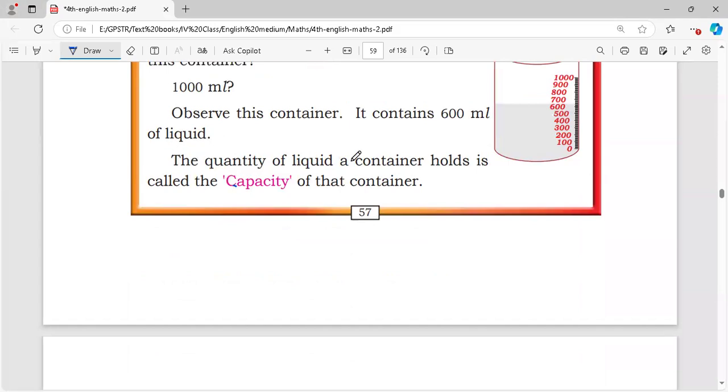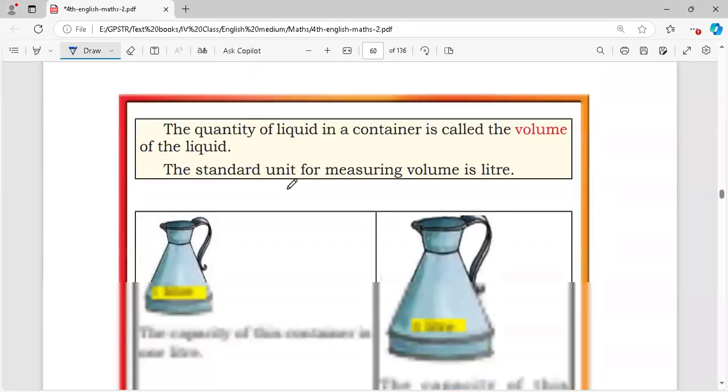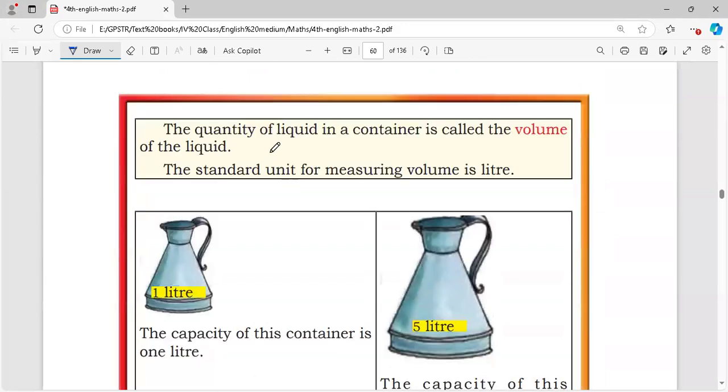Next, the quantity of a liquid a container holds is called the capacity of that container. The quantity of a liquid in a container is called the volume of the liquid.